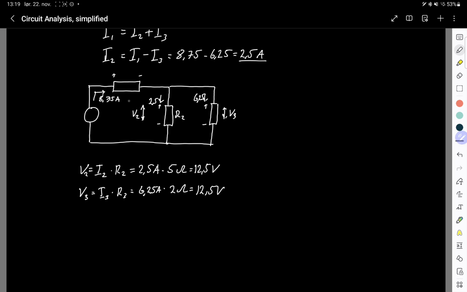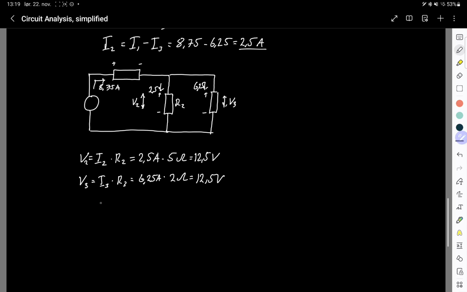So we can find the voltage drop over the large, the 10 ohm one. So V1 is I1 times R1, which will be 8.75 amps times, what was it, 10, which is 87.5 volts.